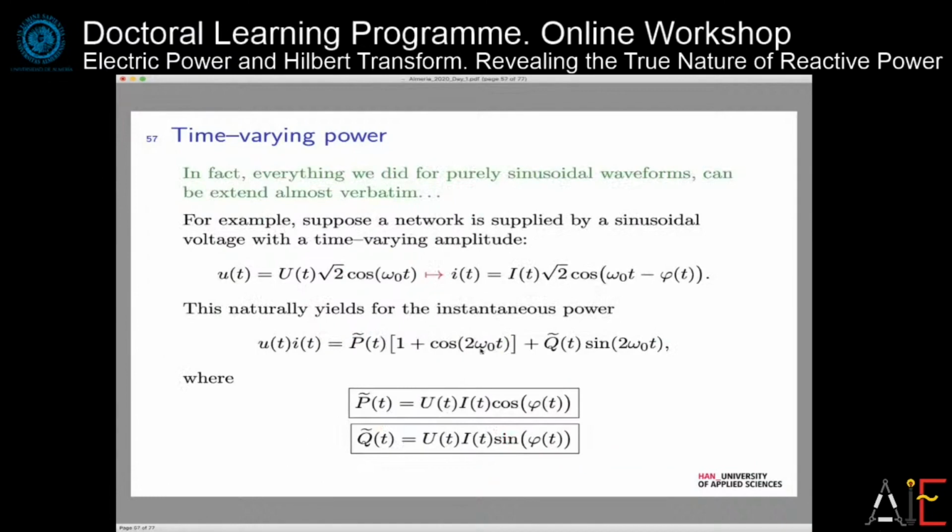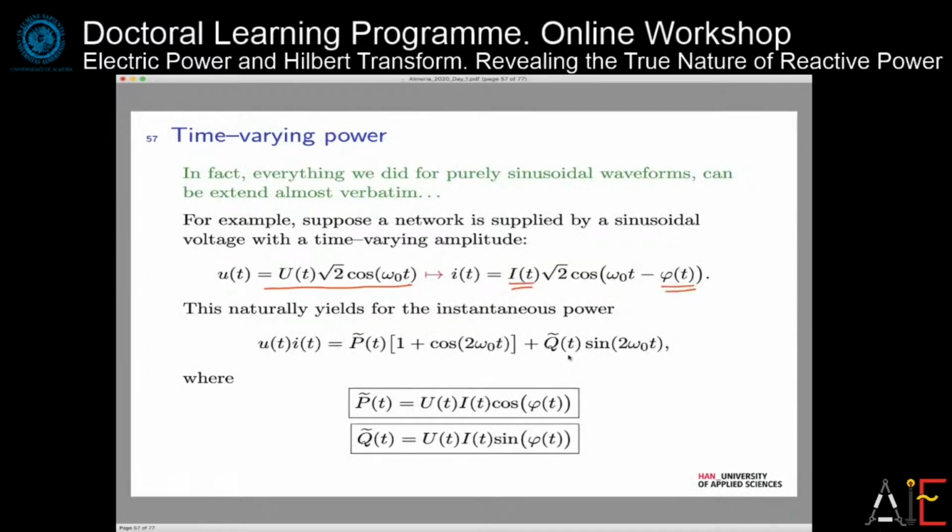Okay, so that means that everything we did for purely sinusoidal signals, we can just extend almost verbatim to this time varying case. And here is what I did. Suppose I have an initial phase of 0, and then I have a signal modulated in amplitude and modulated in phase over here.